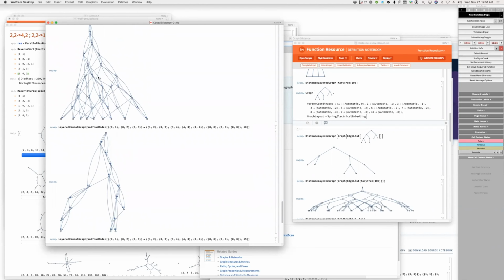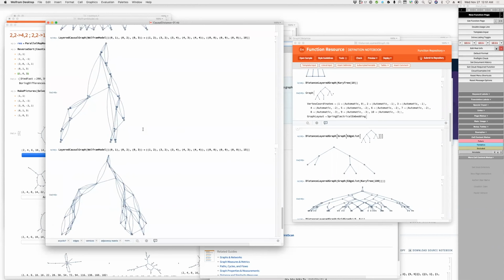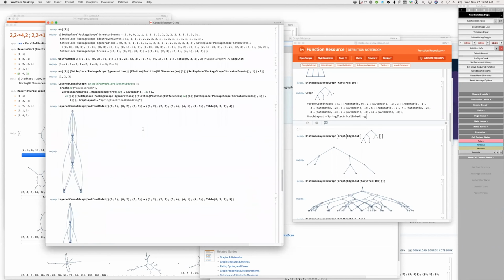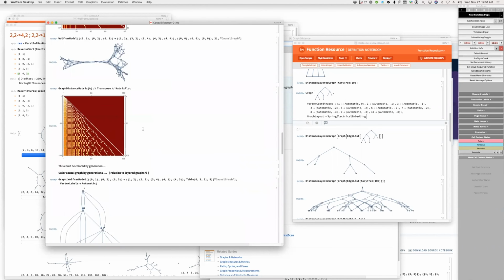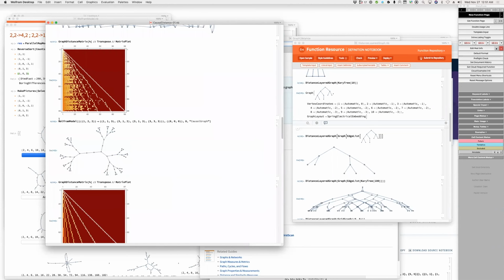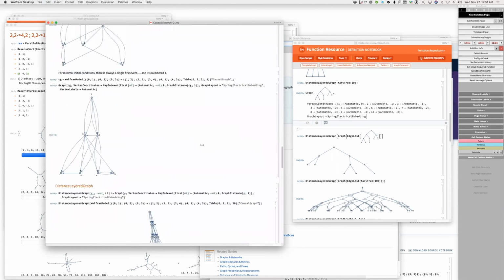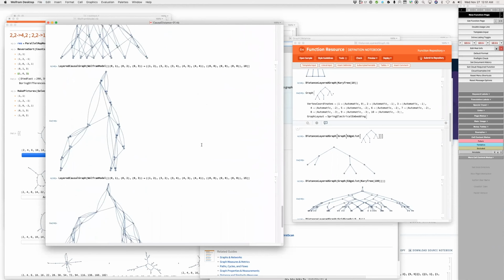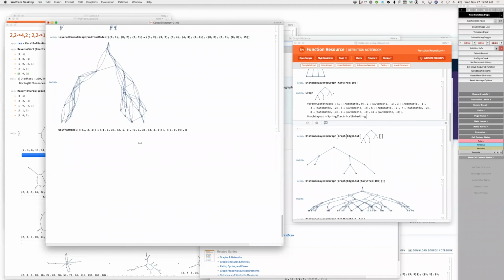This is our light cone. This thing here is the light cone, and this is the space-time diagram of the light cone, with respect to this particular foliation of space-like hypersurfaces. Right. So let's pick another rule, this one here, for example. I expect it'll be a very tree-like thing because it won't communicate at all.